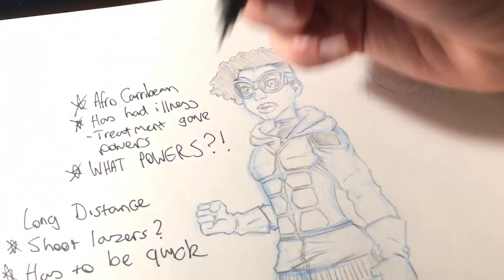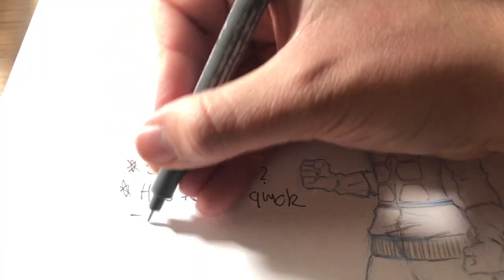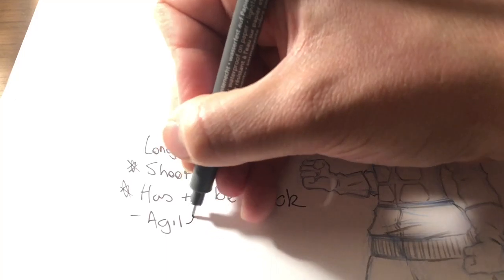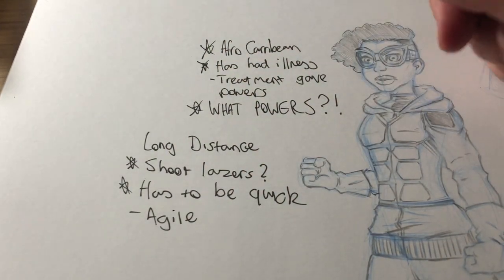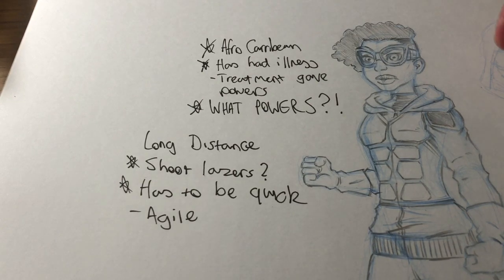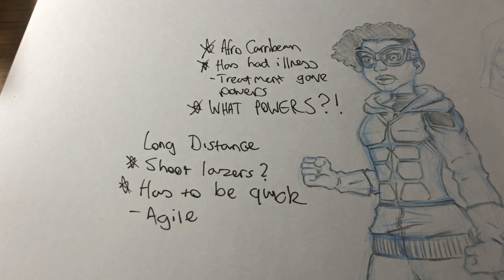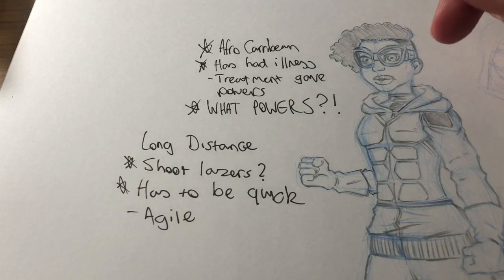I'm thinking maybe more agile than quick, kind of like Spider-Man, how he can bounce around his opponent, but he's not like the Flash, where he's just running circles around them. He's keeping them on their toes, he's getting around them, he's wearing them down, but he's not just overpowering them straight away.